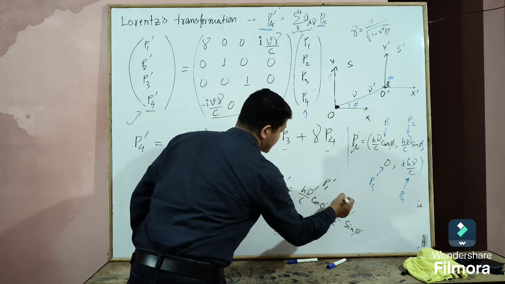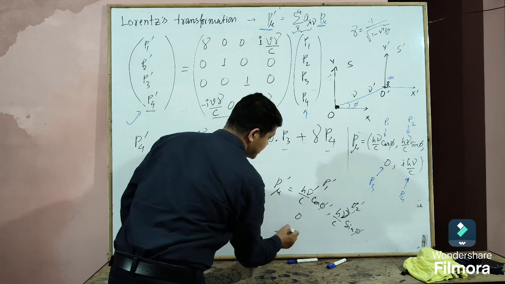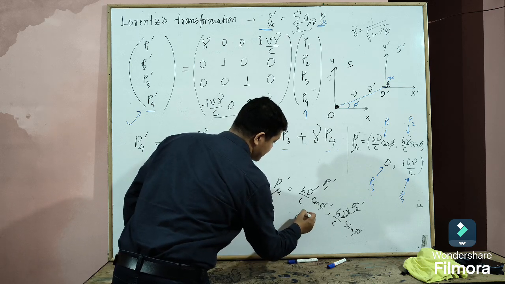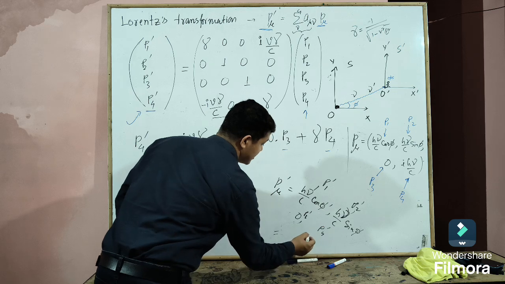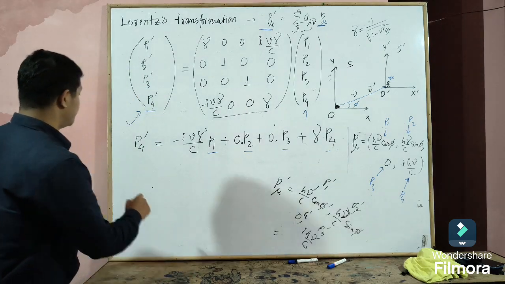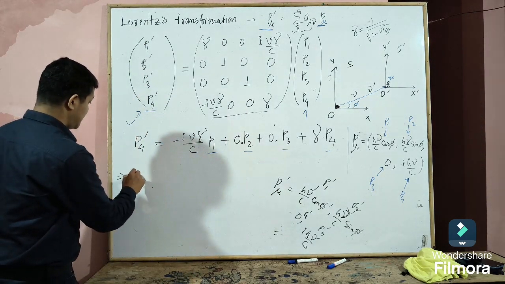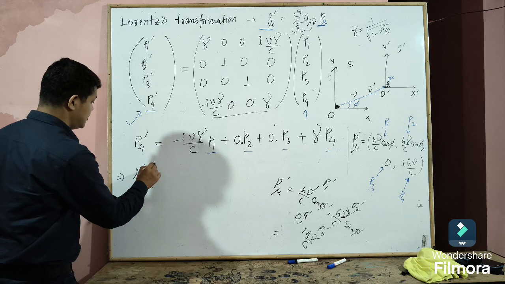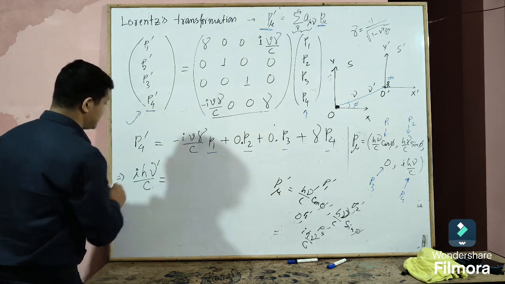This is p1 dash, this is p2 dash, and p3 dash is 0 again here. Then p4 dash is nothing but I h nu dash by c. That's what we have got. So here we can write I h nu dash by c.